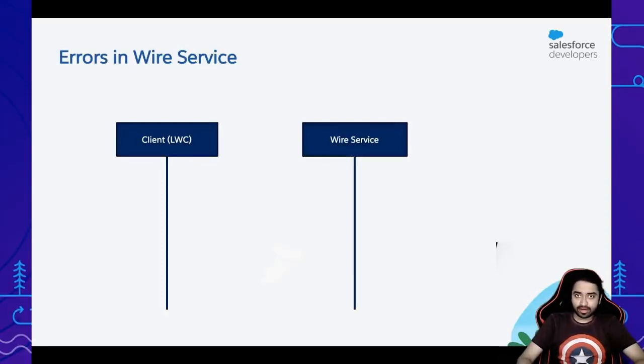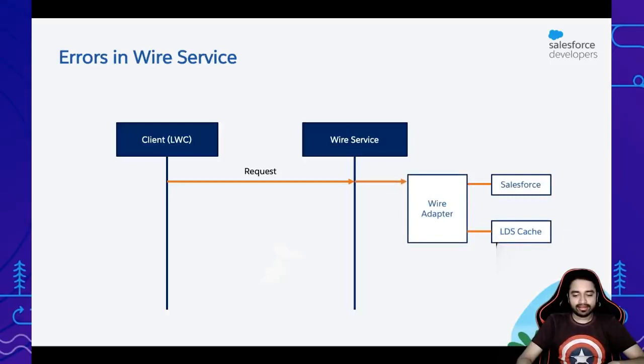First, let's see how a wire service works. You have a client Lightning Web Component, and then you specify your wire decorator and you make a call out to a wire service, which means first a request is going to go out. Then the wire service is going to go to a wire adapter to fetch all the data that it needs.